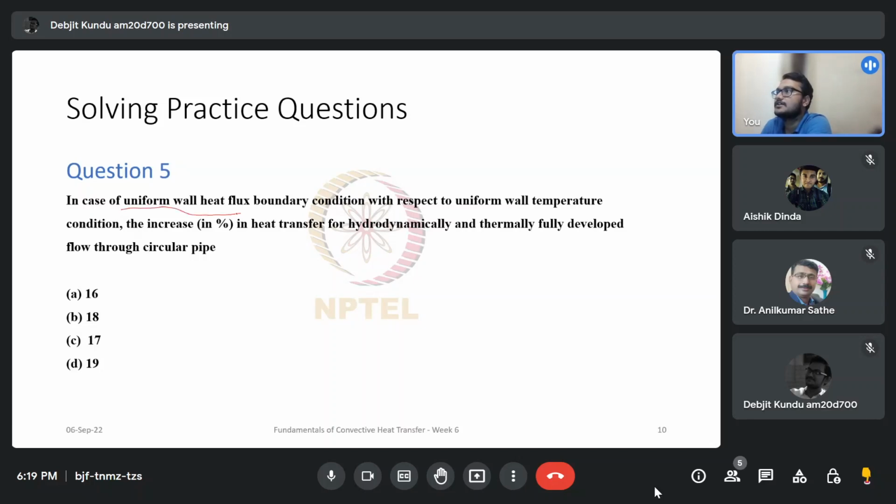One you have to consider for uniform wall heat flux, and the other is for uniform wall temperature, and you have to calculate the increase from constant temperature to constant heat flux. What is the percentage increase in the rate of heat transfer? You can consider Nusselt number instead of heat transfer over here.